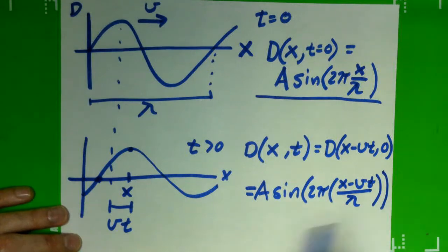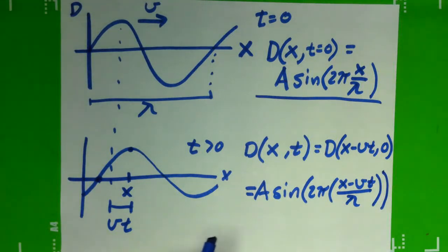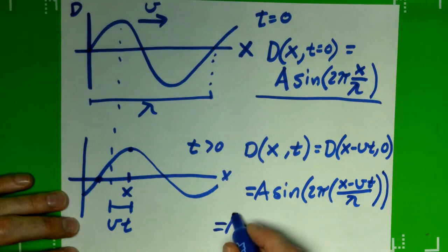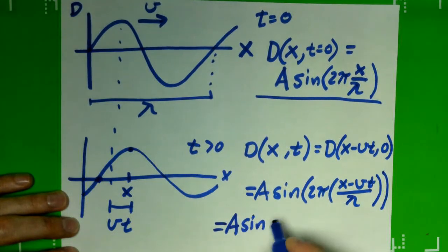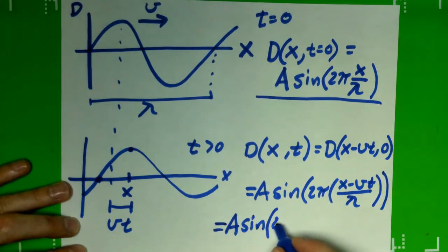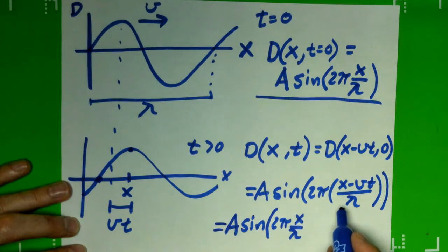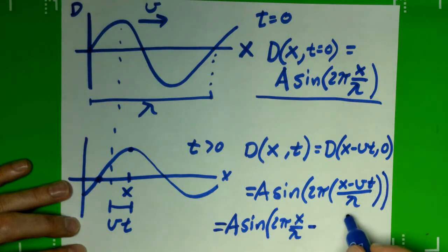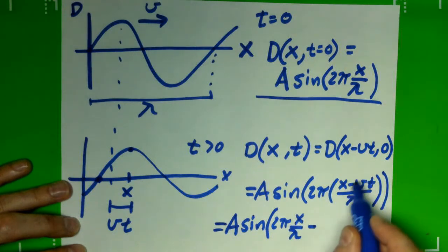Close the sine parentheses. Okay, so let me expand out that sine. I get A sine of 2 pi x over lambda for this first one, minus 2 pi vt over lambda. Now I'm going to do a couple jumps, and you can look back at previous material.